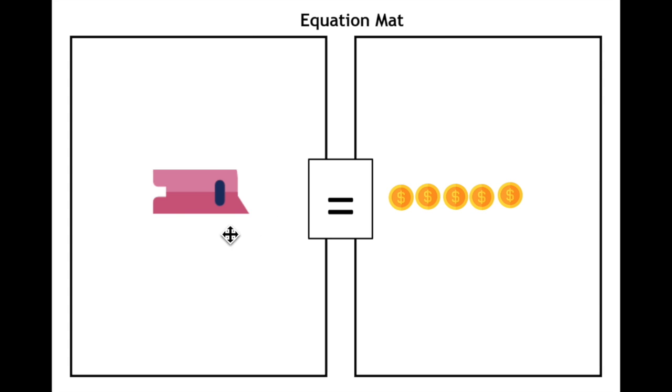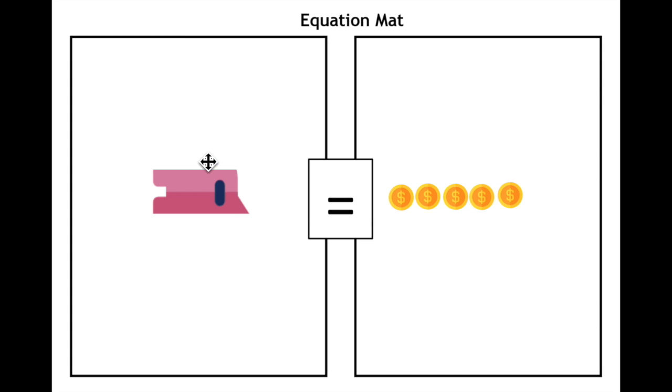So this section here has been divided by 3, right? Because we divided it into 3 parts, that's dividing by 3. This section has 5 coins. Yeah? So the question then becomes, how many coins are in the entire little piggy bank?